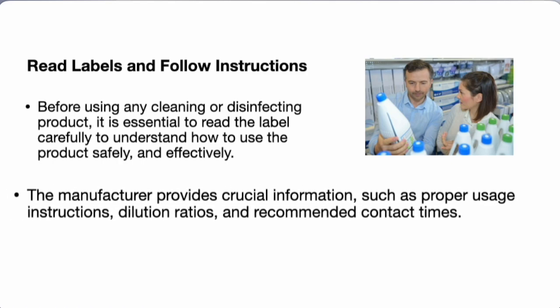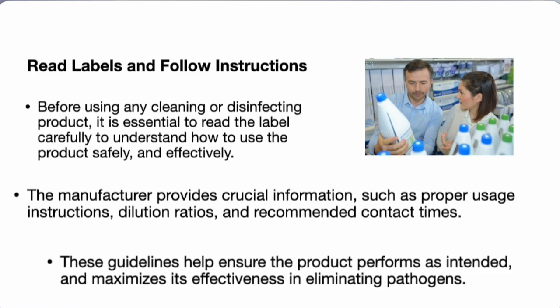The manufacturer provides crucial information, such as proper usage instructions, dilution ratios, and recommended contact times. These guidelines help ensure the product performs as intended and maximizes its effectiveness in eliminating pathogens.